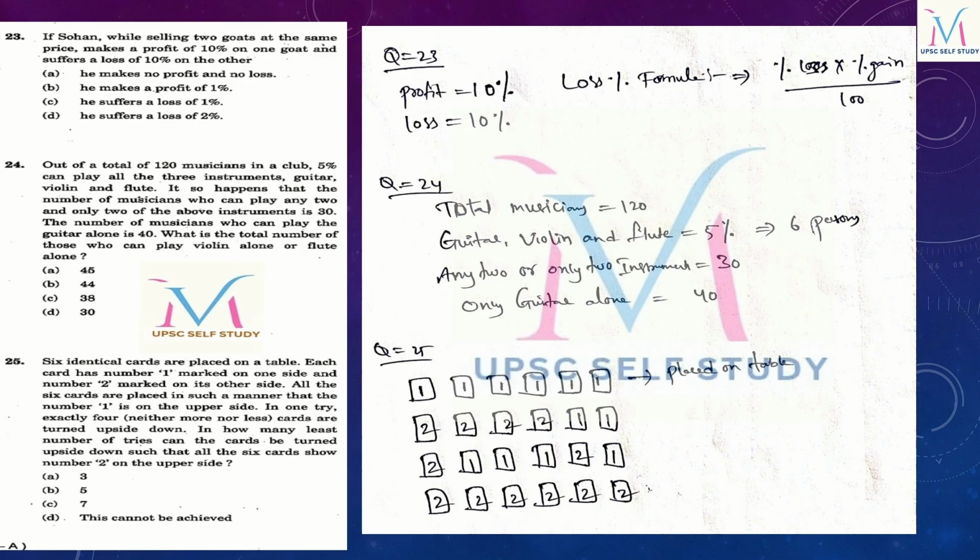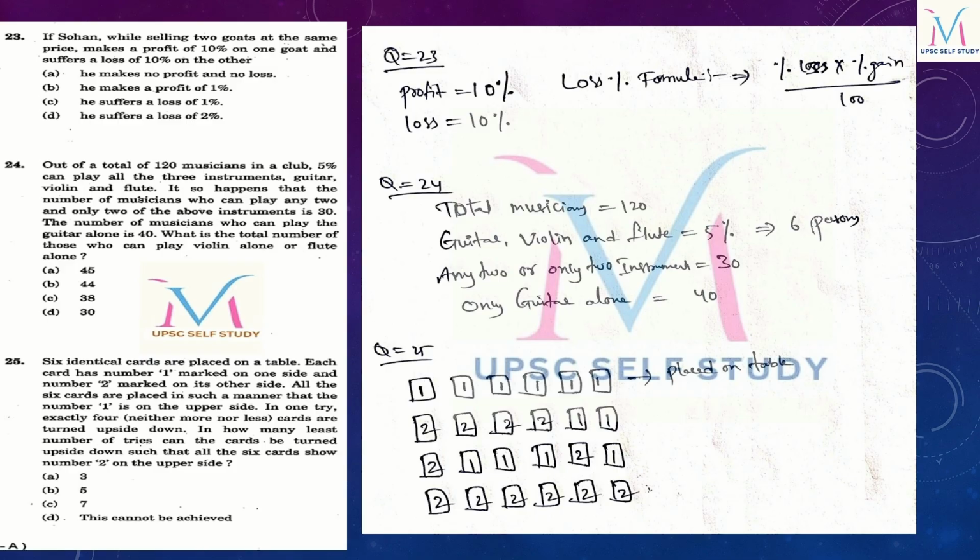Okay, this is the basic rule. If the profit and the loss on two different items are the same, then it is always a loss.